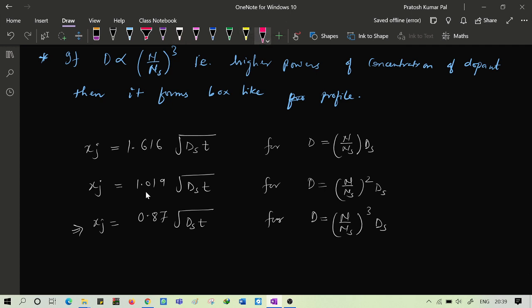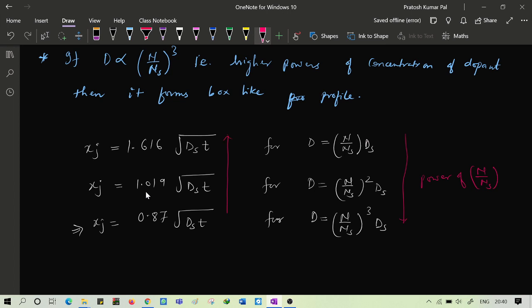So from here we can see that if we increase the power of the n by ns ratio, the junction depth is going to reduce. If we increase, the value will be reducing basically.